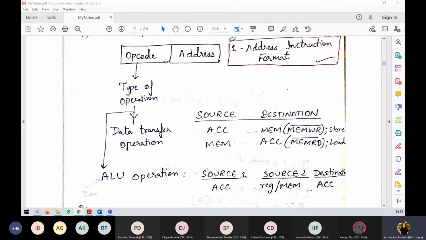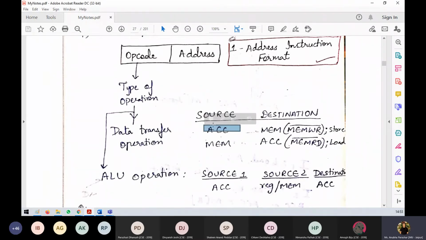Next, when we say it is the opcode, then we have to tell, suppose we say add, we have to add two numbers. Add, let's say in this, 20 plus 30. So we have to give 20 plus 30. Whereas when we give this instruction to the CPU, it says one operand should be in the accumulator, one of the operands is the accumulator itself.